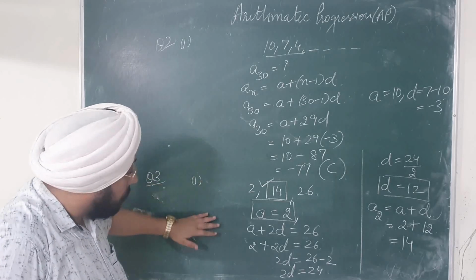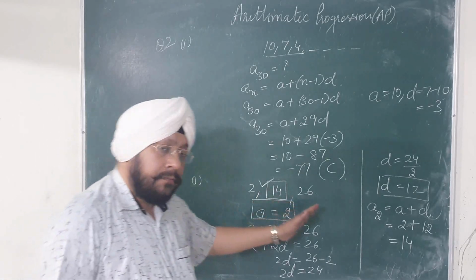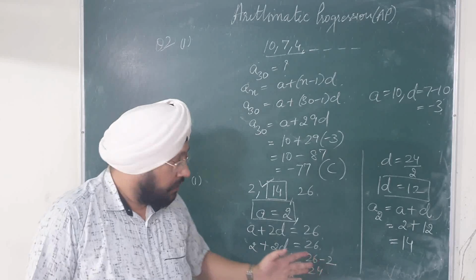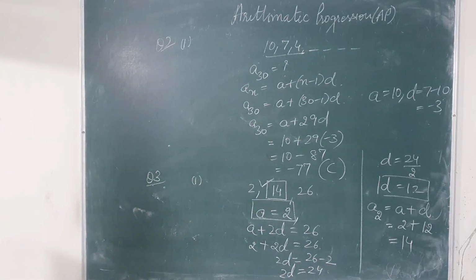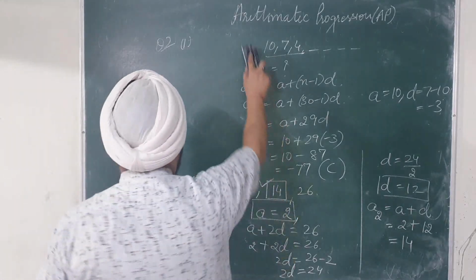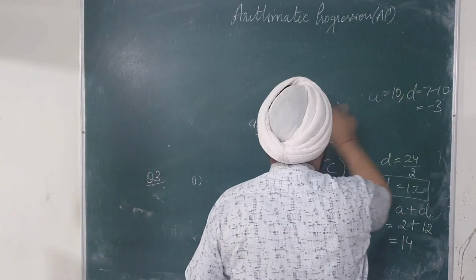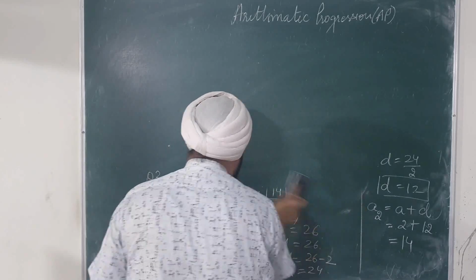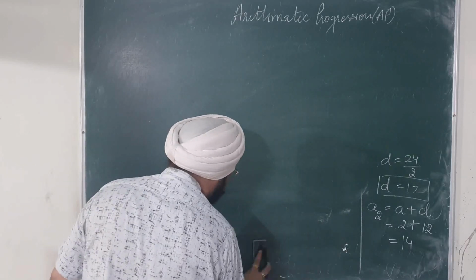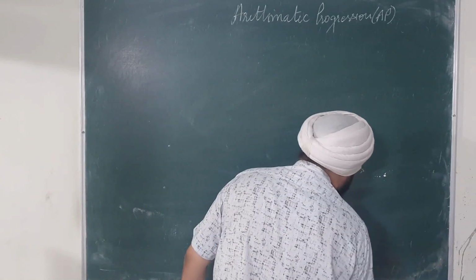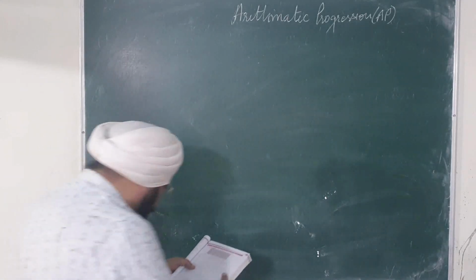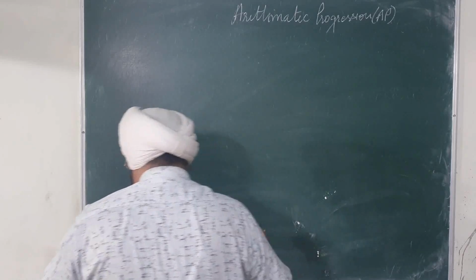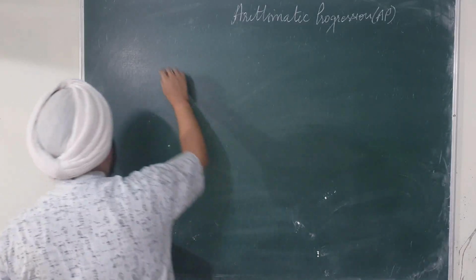So this is how to find the missing term from the given sequence. Let's try one more part from here. Let's take part number 4.